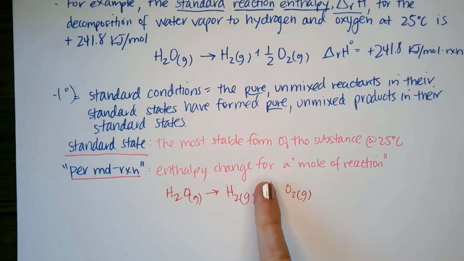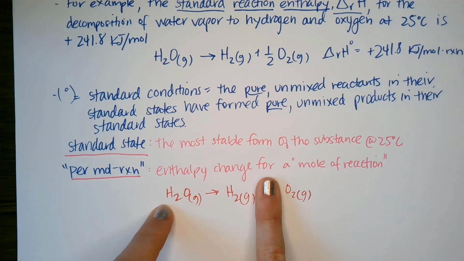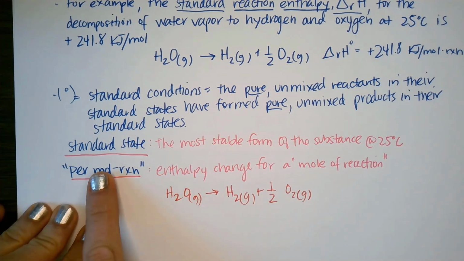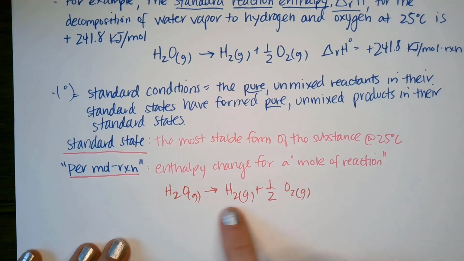Sure, we've learned before that if we have H2O decomposing into H2 and O2, we would say, oh, we have 2 O's on the right, so we need 2 O's on the left, but that would give me 2 moles of reactant. And when we're looking at standard conditions, we want 1 mole of reactant. So it's okay to have fractions when we are doing this.